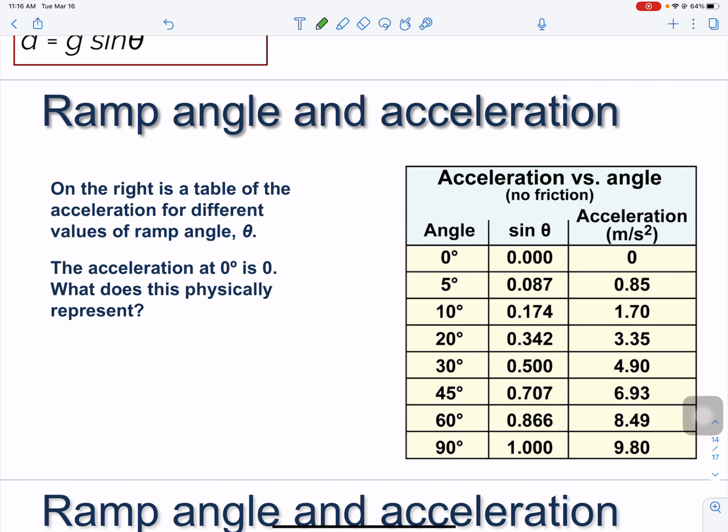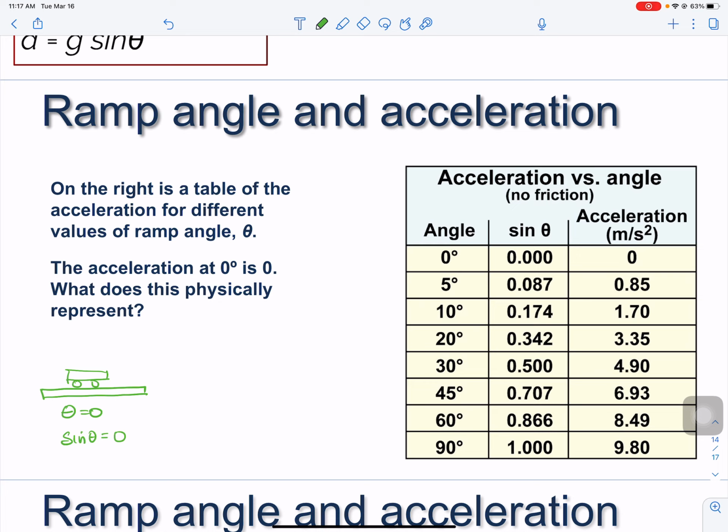If we have just a flat surface with the cart on it, we know that theta is equal to 0 and sine theta is also equal to 0.